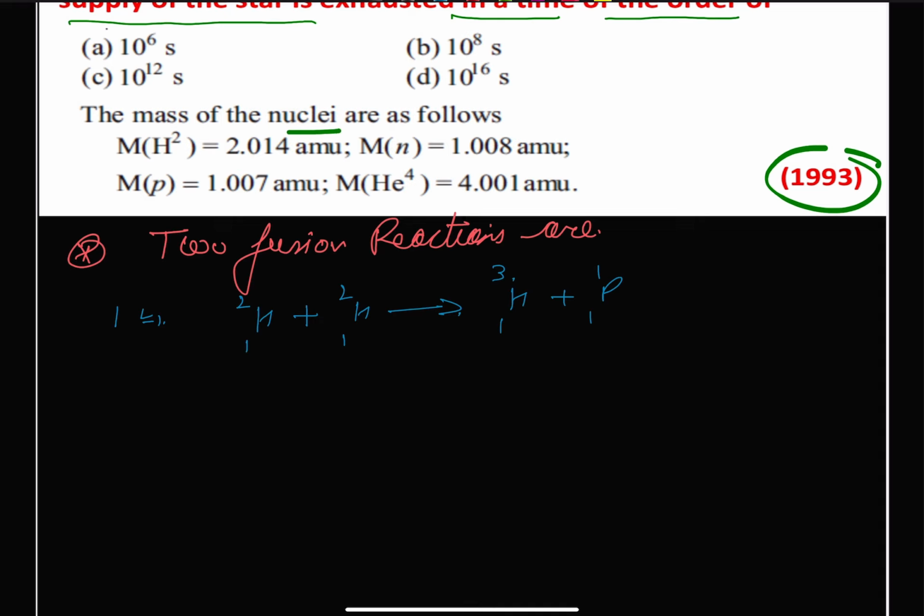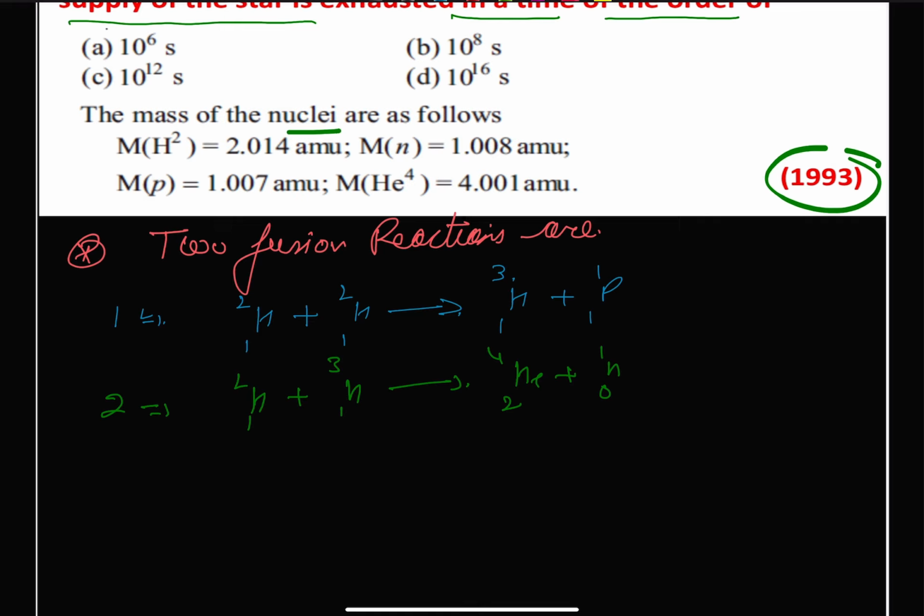And we have a second reaction, which gives us H12 plus H13, giving us helium-24 plus a neutron which is 0:1.